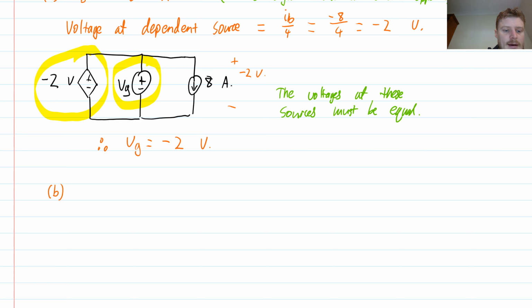So part B here. I consider, do I want the positive or the negative case? So how are these arrows drawn? I see here the current is entering this way around. It's coming into the positively labeled terminal. That's how VG is written over here. So it's coming into the positive side.